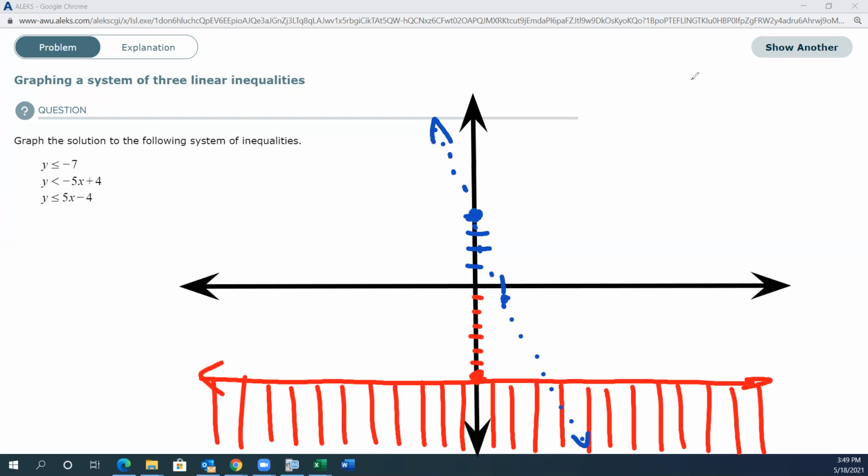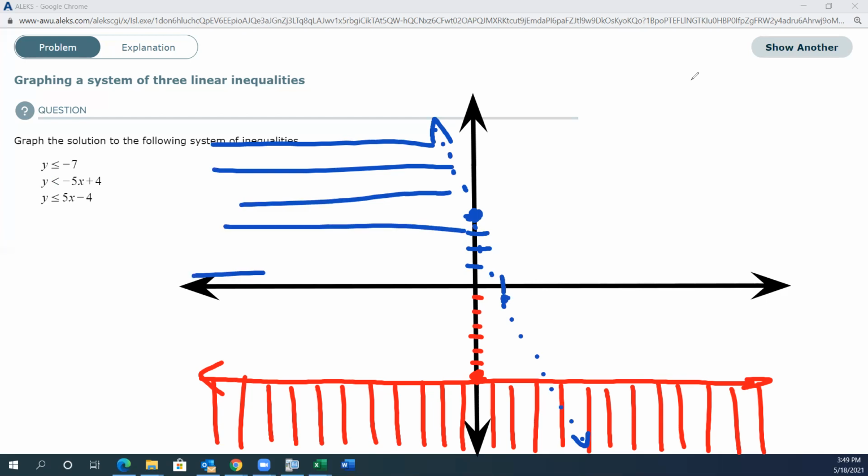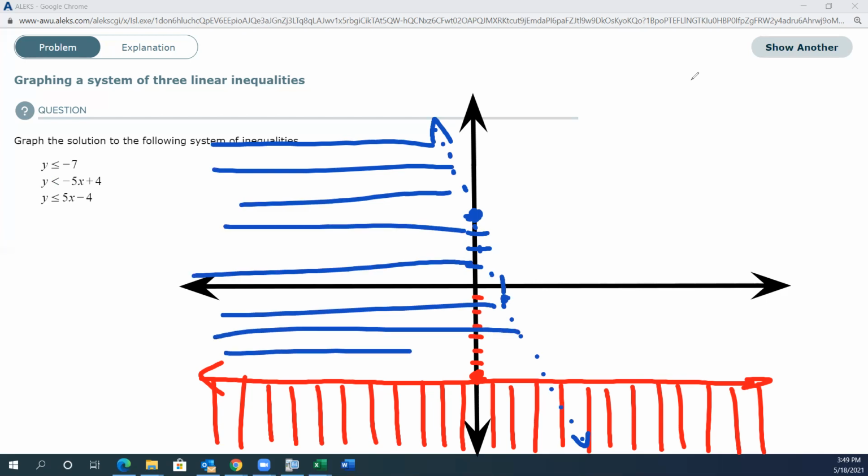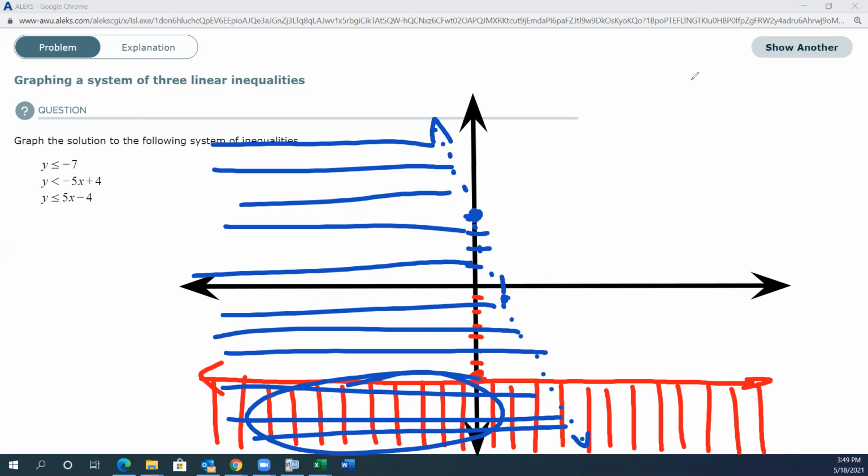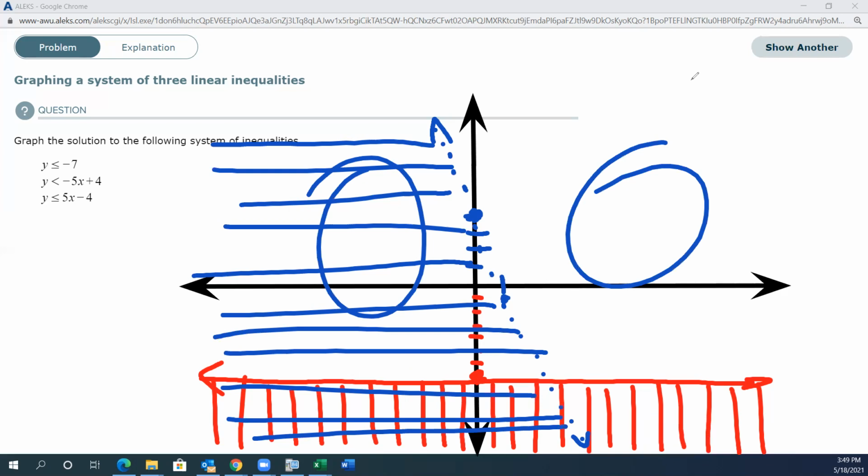Okay, and it says less than again, so we're going to shade below. So I'll do this. So far we know our solution set is somewhere down here. It can't be anywhere else so far because every other place is only shaded in at most one time.